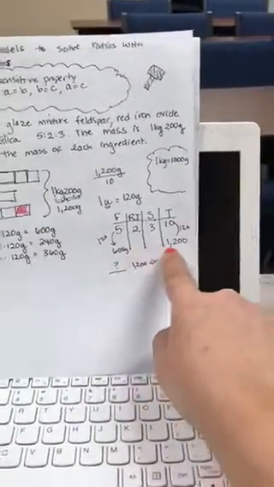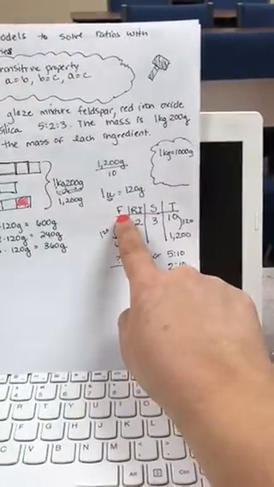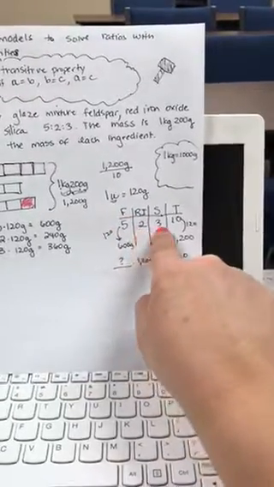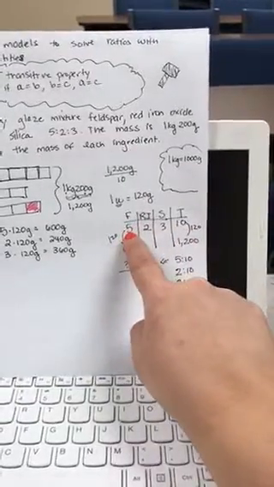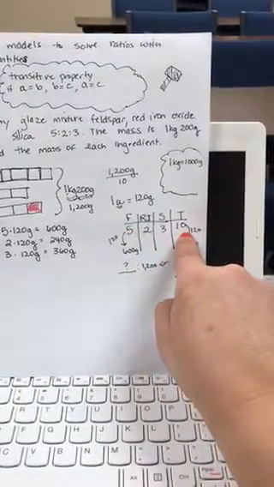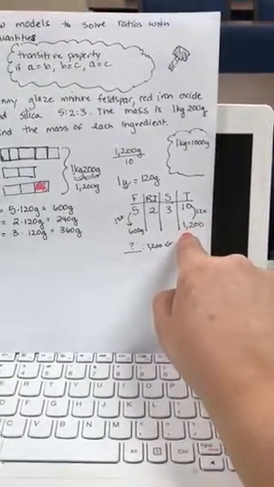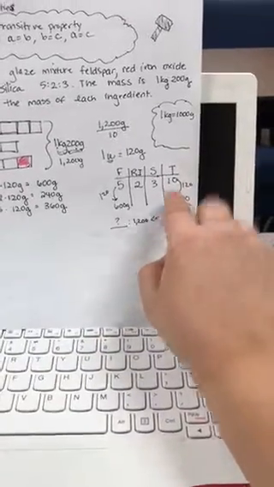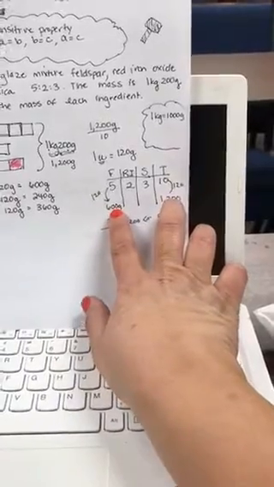So just a little aside here, just to liken this to what we did yesterday. If I was going to do a table, I would have an extra column here. So I have the feldspar, the red iron oxide, and the silica, and here's my total. So what I did yesterday was I added 5 plus 2 plus 3 is 10. And then I know that my total is 1,200 grams. So I'm essentially finding a part to whole equivalent ratio. So my first part to whole ratio would be feldspar to the total.